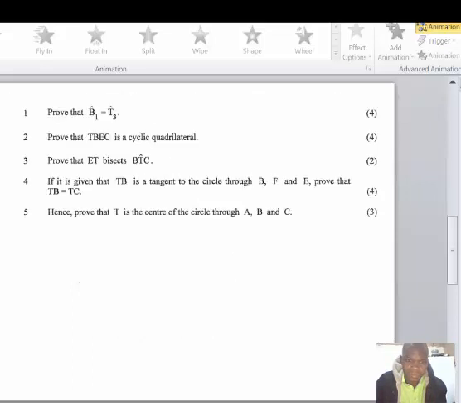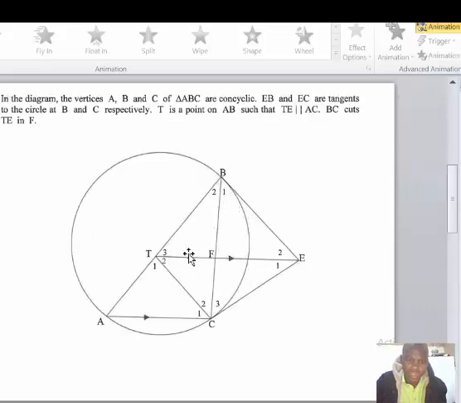Question: Prove that B1 is equal to T3. The point of departure when proving this is the fact that you have a tangent and a chord here.